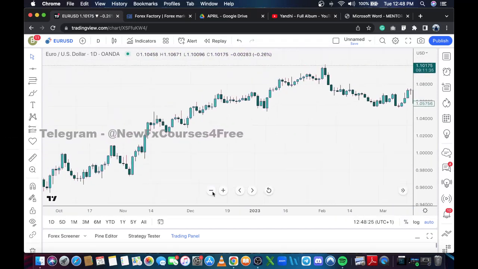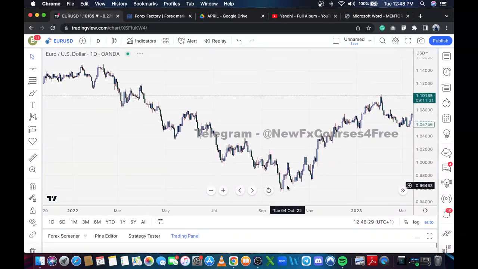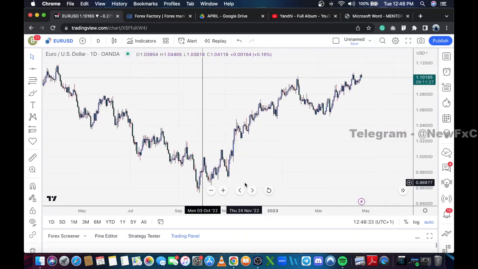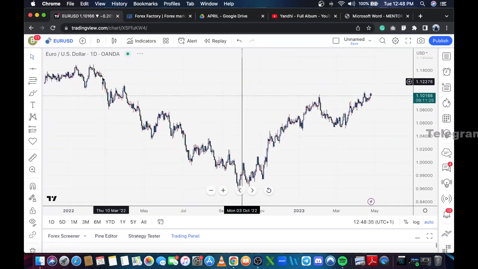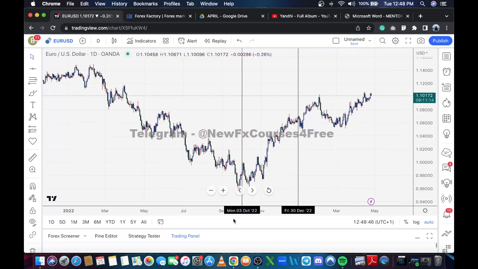That was all the way back here. Around the start of October, we started to look for bullishness in EURUSD, and prior to that you can see it was all weakness. Going into 2023, there was a shift in macro analysis, and you can see a shift in delivery, and price went higher.